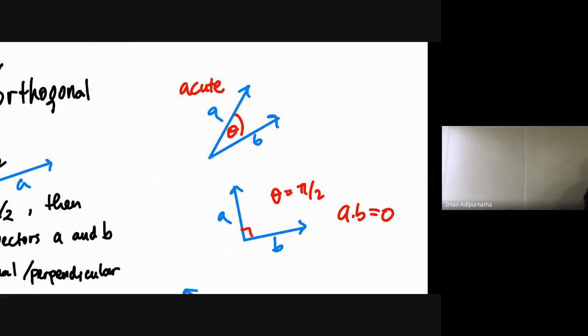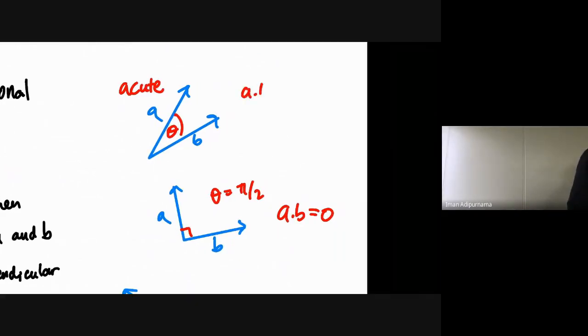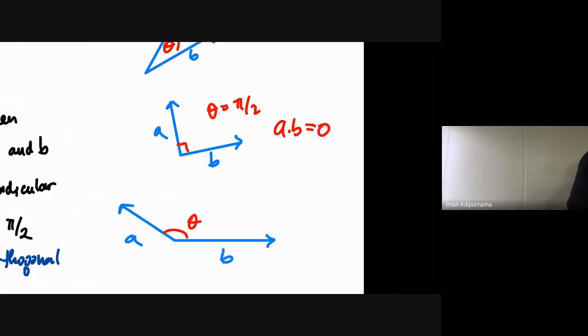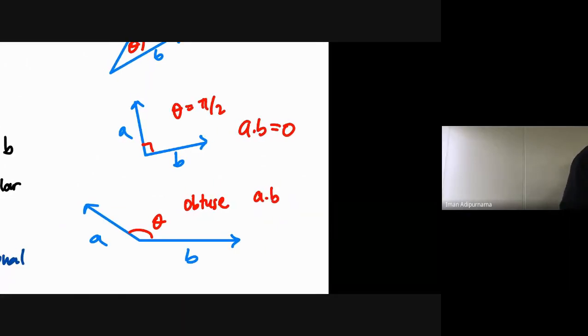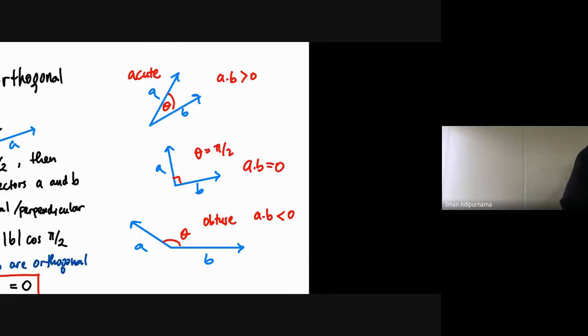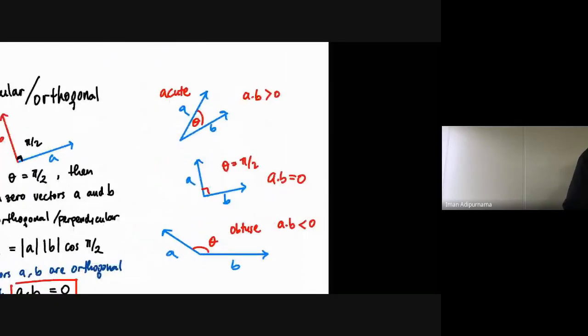It's smaller than pi over 2, and the dot product will be greater than 0. And the last one is called the obtuse angle, and the dot product will be less than 0. Okay, that's just additional notes.